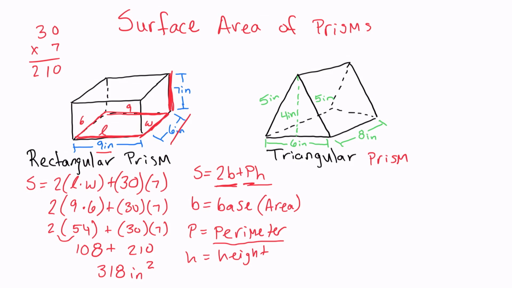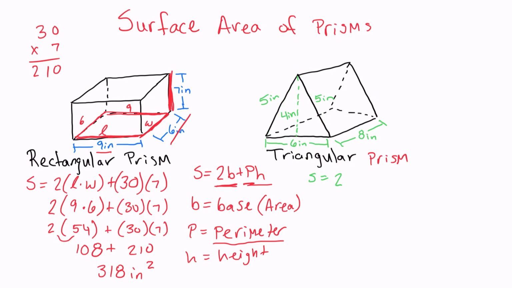Moving over to our triangular prism here, I am dealing with a little bit different situation. Because my base is a triangle, I need to find the area of a triangle instead of a rectangle. Recall our equation again is S, or surface area, is equal to 2 times our base, the area of our base. Our base is a triangle.